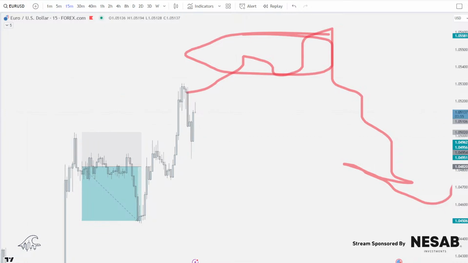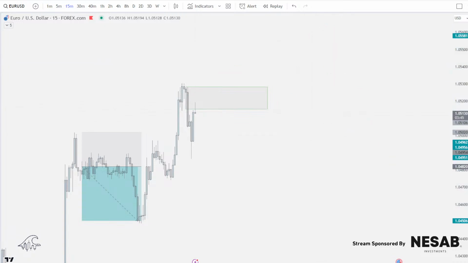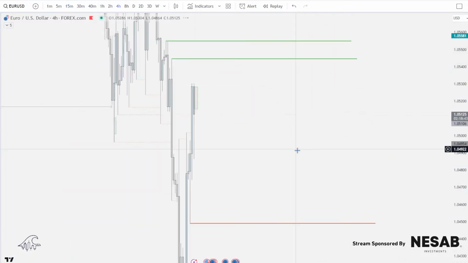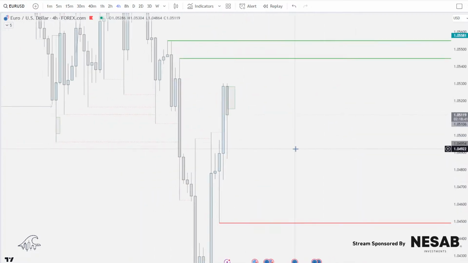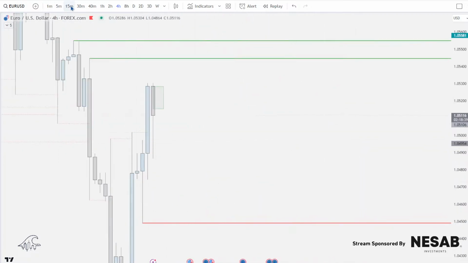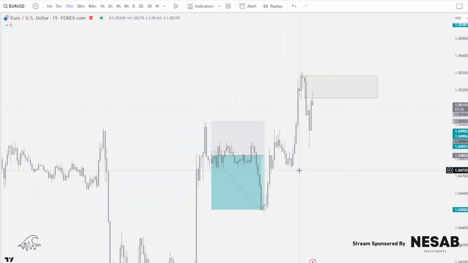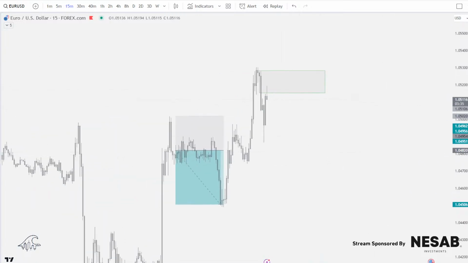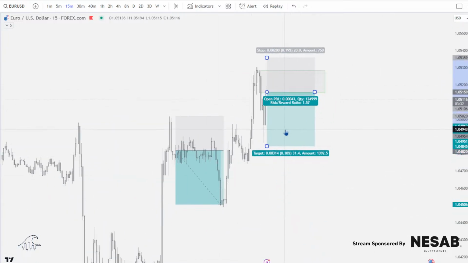There is potential for a sell from here, and that is based off of that 4-hour high being ran. But for me, I'm not a massive fan of it. Doesn't mean that it's not valid.